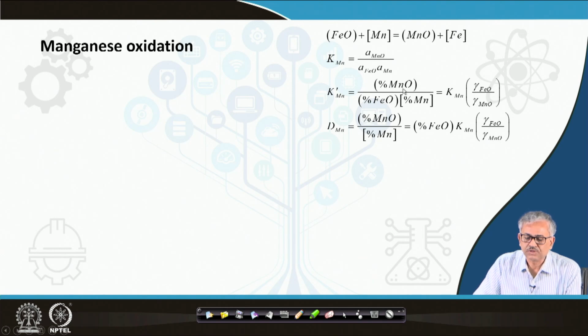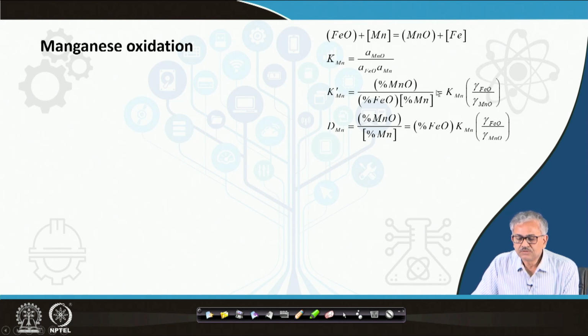With the help of a constant you can take care of it. So basically KMn is converted to KMn prime, called the equilibrium quotient, and you can write this activity relation in terms of the concentration relationship.